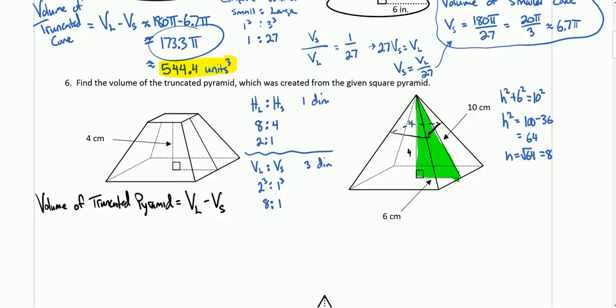So the volume of the larger divided by the volume of the smaller is going to be 8 to 1. If I cross multiply, I get 8 times the volume of the smaller is equal to the volume of the larger. Divide by 8, and the volume of the smaller is going to be the volume of the larger divided by 8. We'll come back to that.